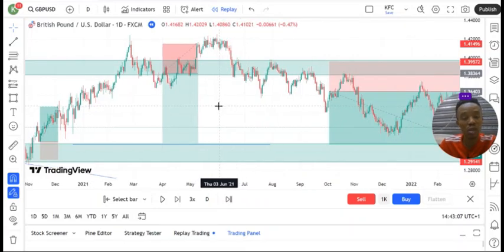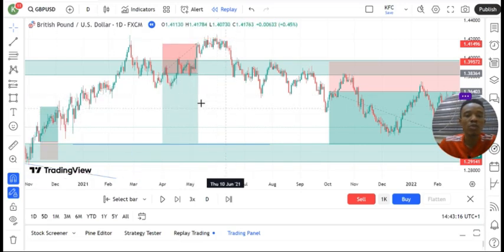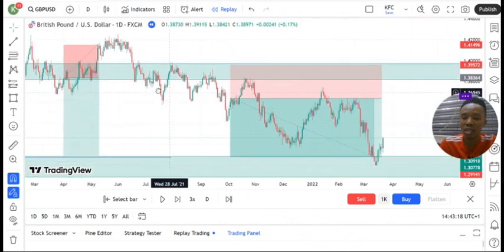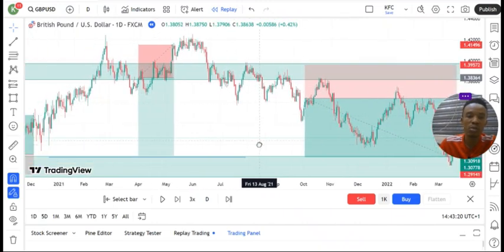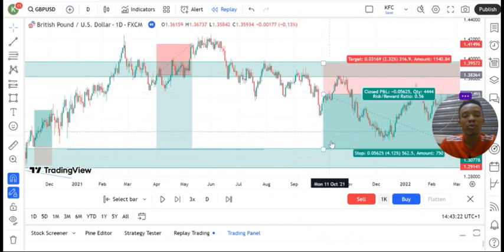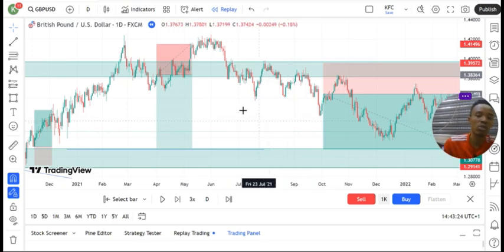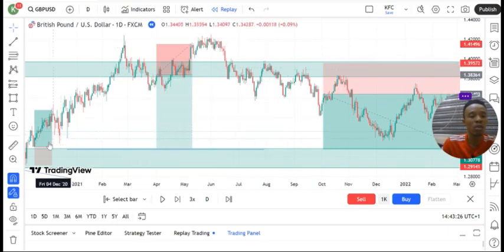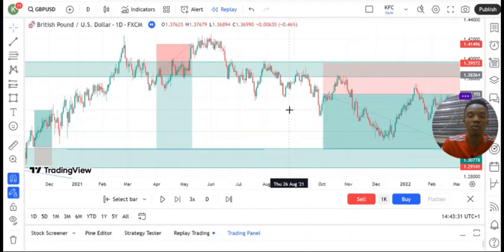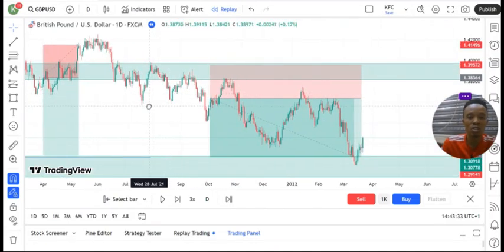And also you need to subscribe to the mentorship plan to learn risk management, because it's in risk management you're going to learn very well on risk to reward ratio. So with a good risk to reward ratio, no matter how many stop losses you take, you will still be profitable, because your target profit pips will always cover for the loss. So if you look, you see it's just small pips here, but you have more pips on the target profits. Put all together, you see that you are a profitable trader.